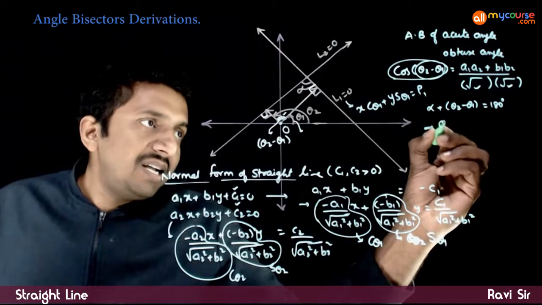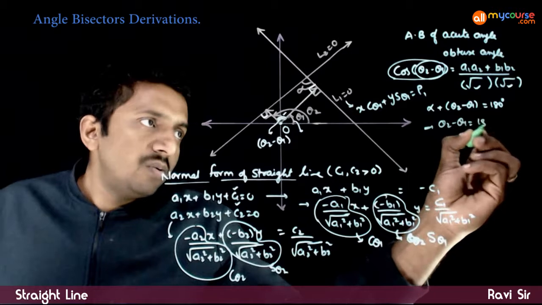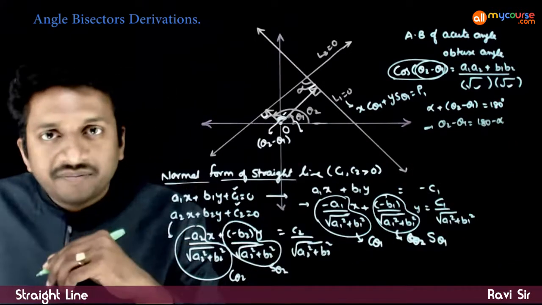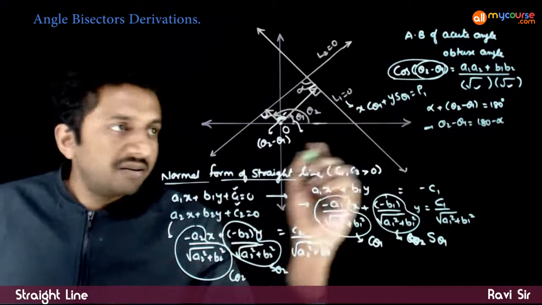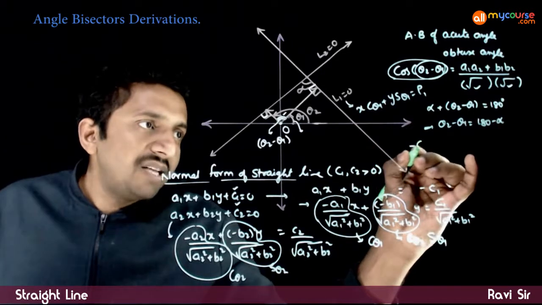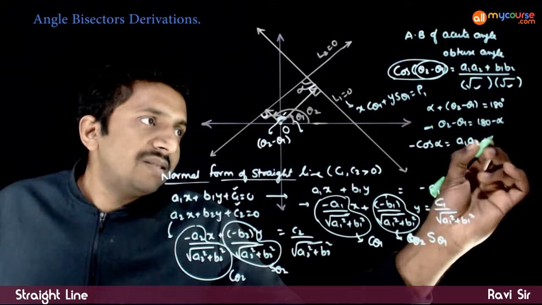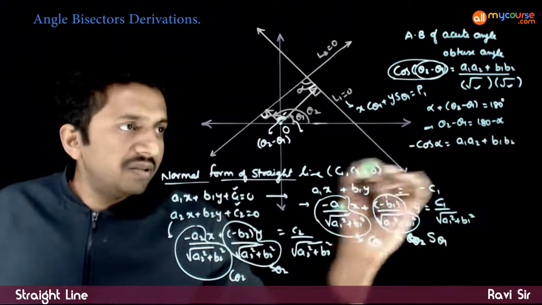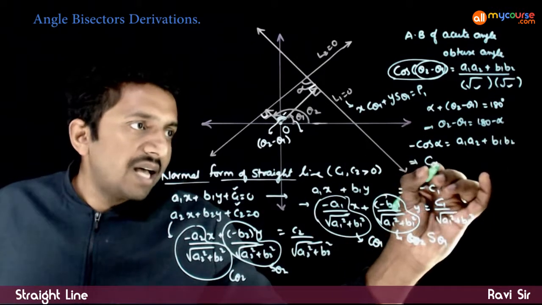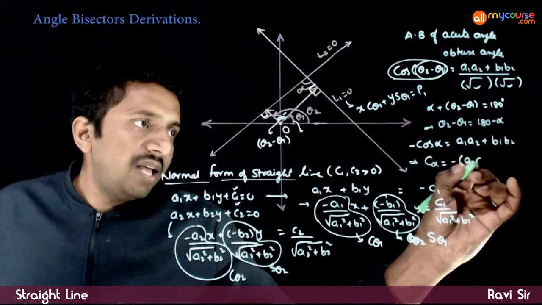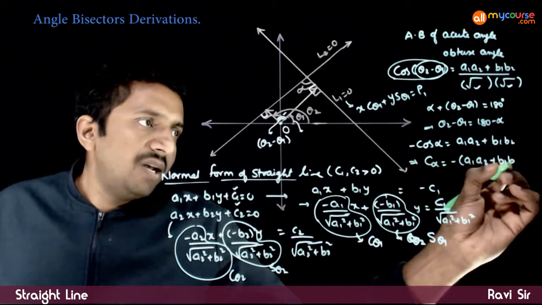So this implies theta 2 minus theta 1 is equal to 180 minus alpha. So let me substitute this here. So cos 180 minus alpha is minus cos alpha is equal to a1 a2 plus b1 b2. This implies cos alpha is equal to minus of a1 a2 plus b1 b2.